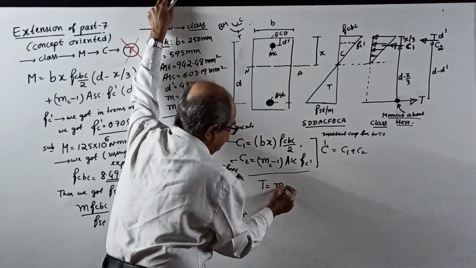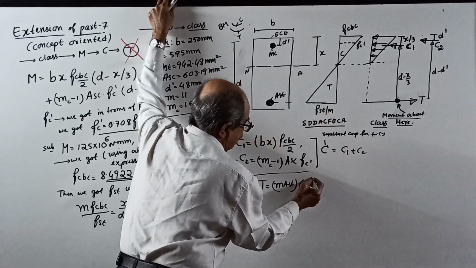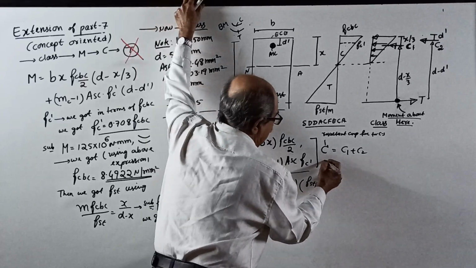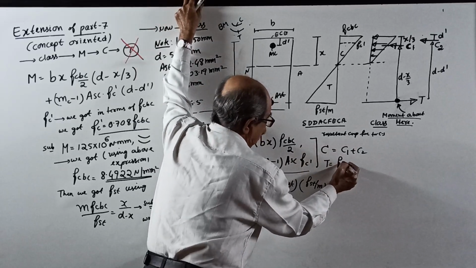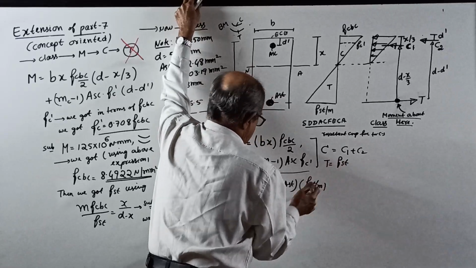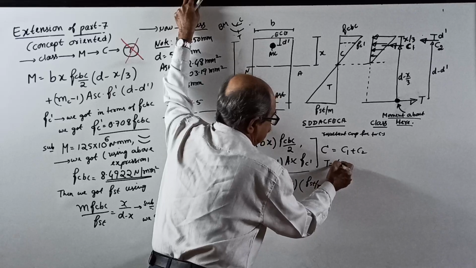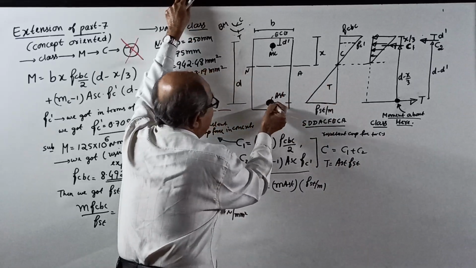It is m times AST, equivalent area into stress fst by m. Or simply T will be equal to AST into fst, because area comes first. That will act here.